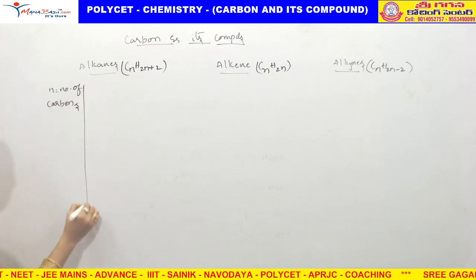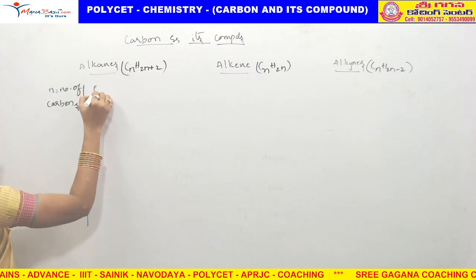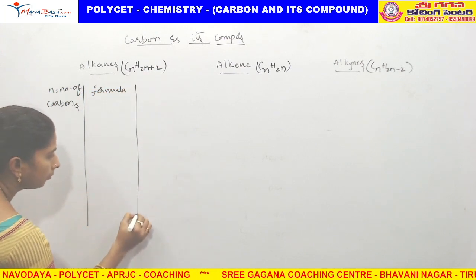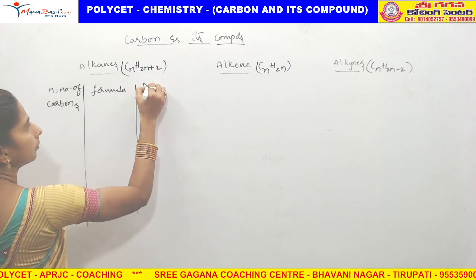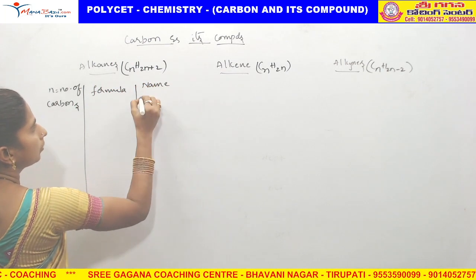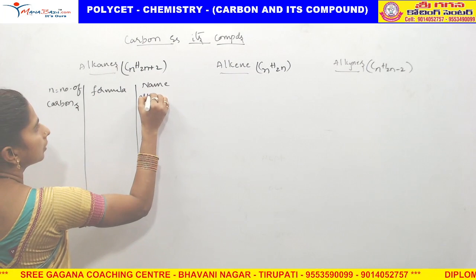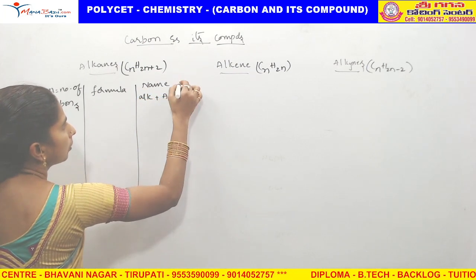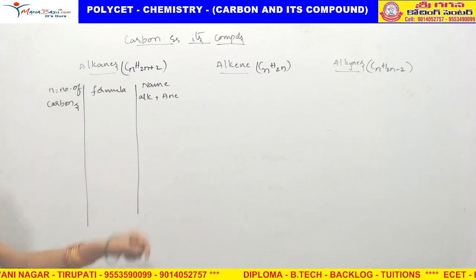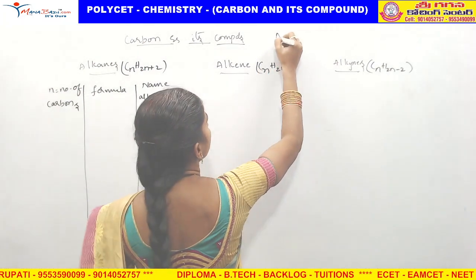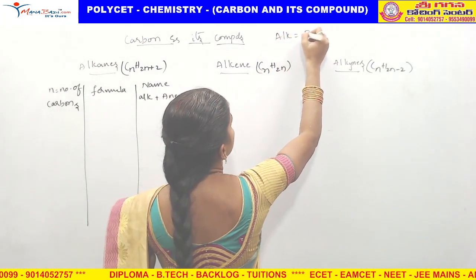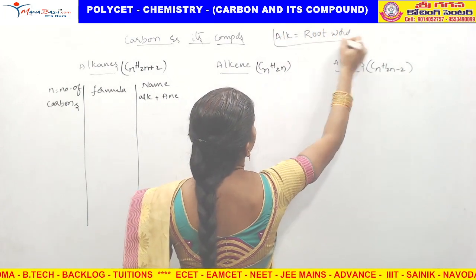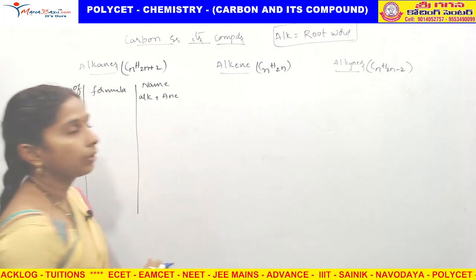If we change the number of carbons, we get one formula, right? And what is the name? The name we need to write is alk plus ane. Alk means the root word, based on the number of carbons.